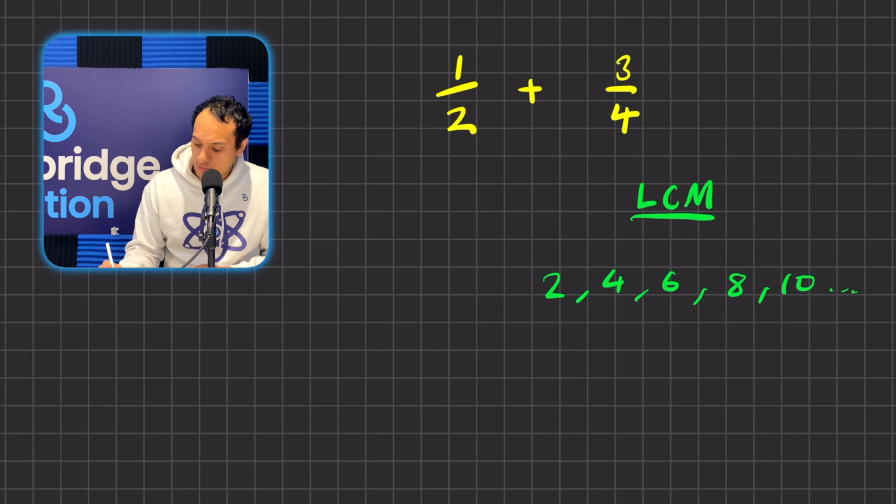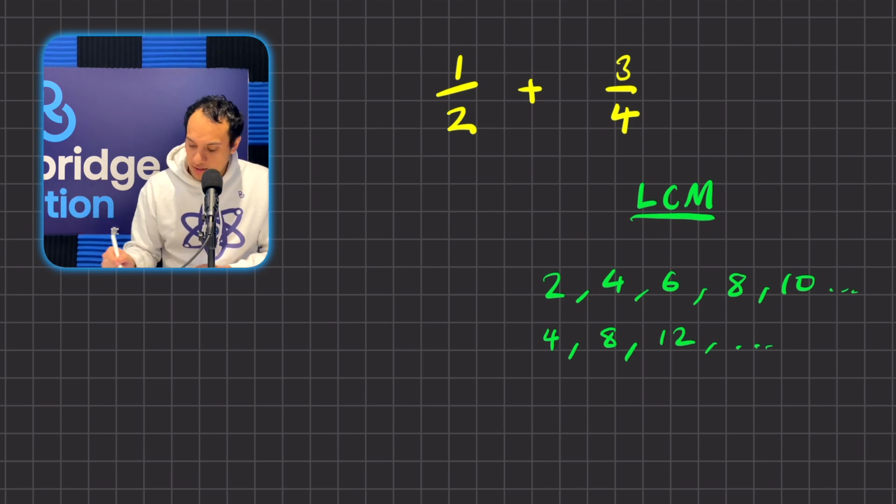Then we're going to write out our multiples of 4. So we've got 4, then 8, then 12, and again, they go on forever. What we do then is we find where they match. And you can see we're quite lucky. It's quite early on. So it's 4 and 4.